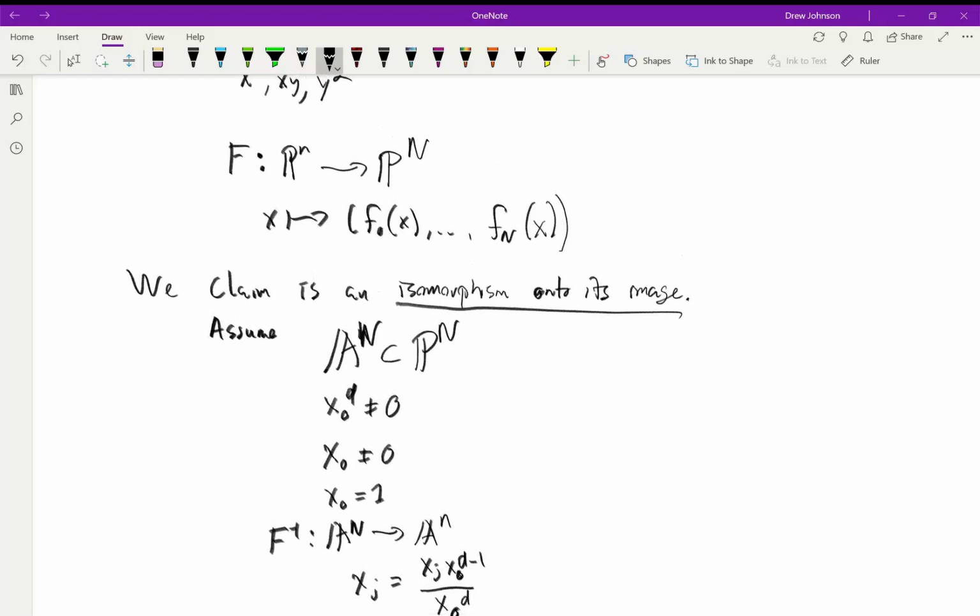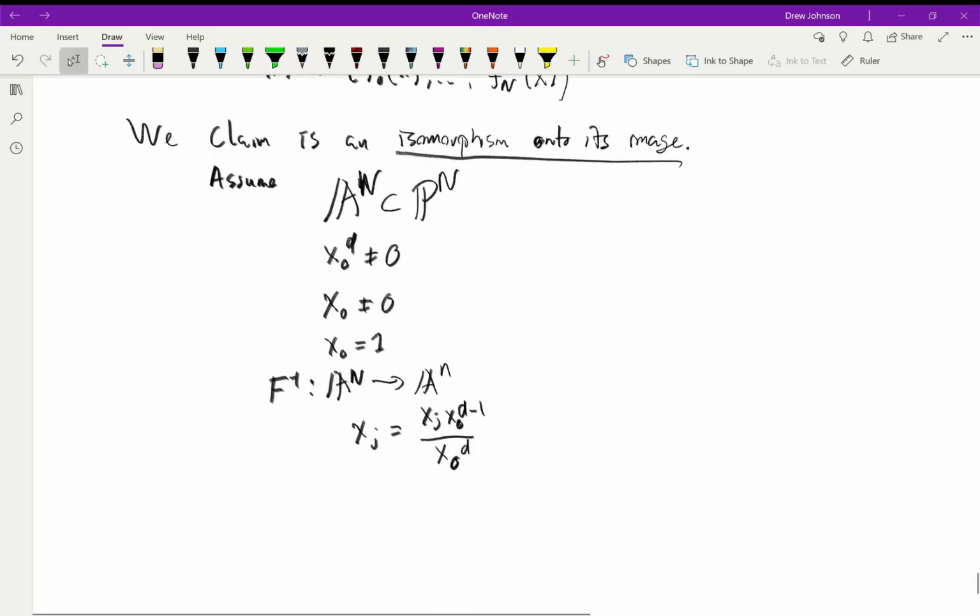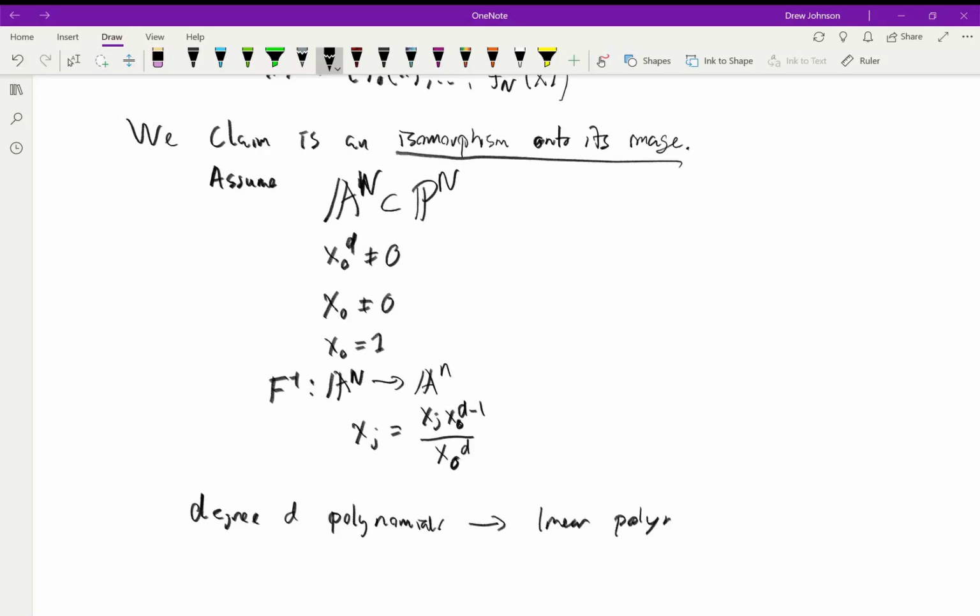That's the point here. Okay, the advantage of the Veronese embedding is that now degree d polynomials now become linear polynomials in the Veronese coordinates.